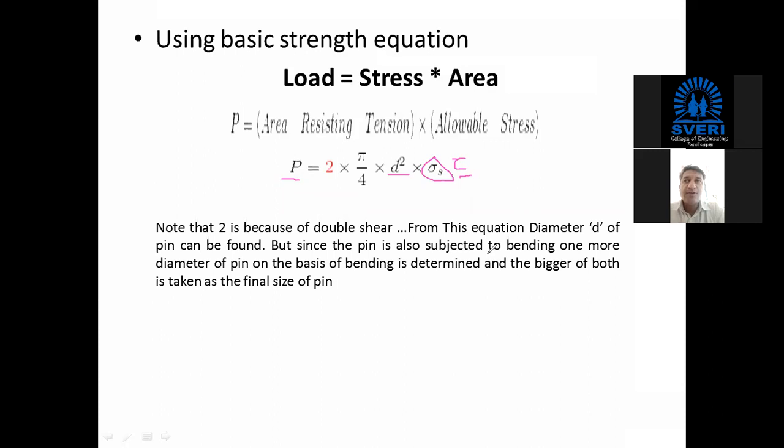If tau is not known, we can take it as half of the allowable tensile stress, because in the very first part of this unit we have seen that normally tensile stress is double the shear stress.